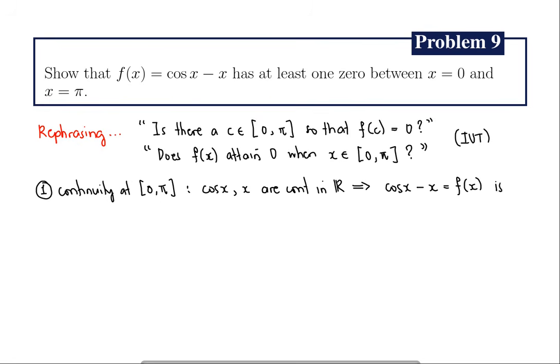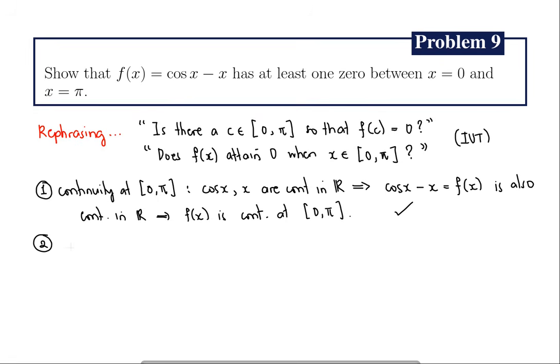Okay? So, this is also continuous in R. Therefore, since continuous siya sa R, syempre even more so, f of x is continuous at 0 to pi. Okay? So, okay na yung first assumption. Satisfied na yan.